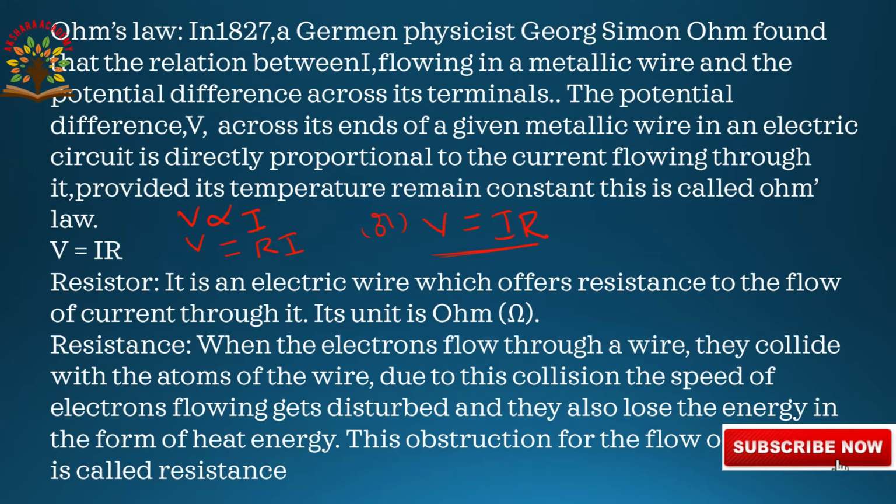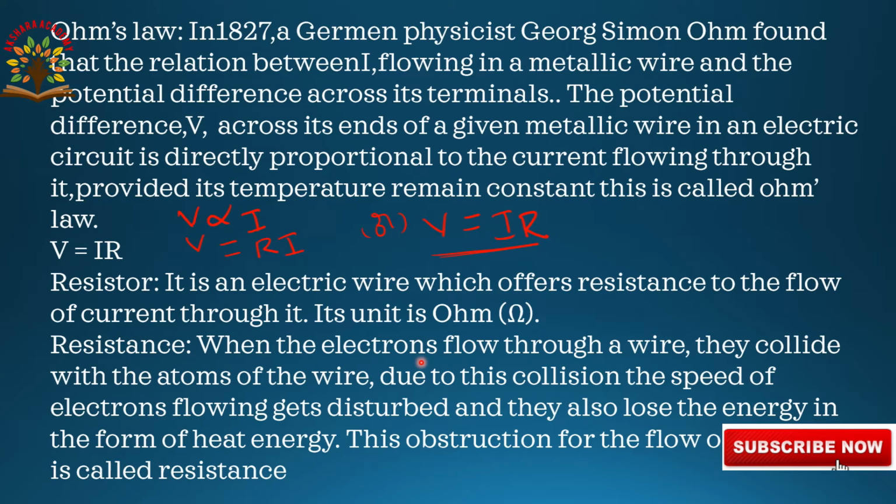Next, what is a resistor? It is an electric wire which offers resistance to the flow of current through it. Its unit is ohm, denoted by the symbol Ω. Next, resistance. Resistance is the obstruction to the flow of electrons.